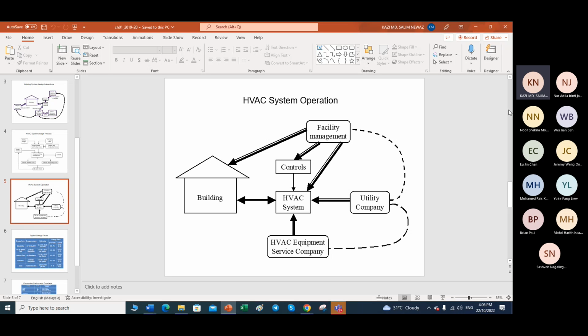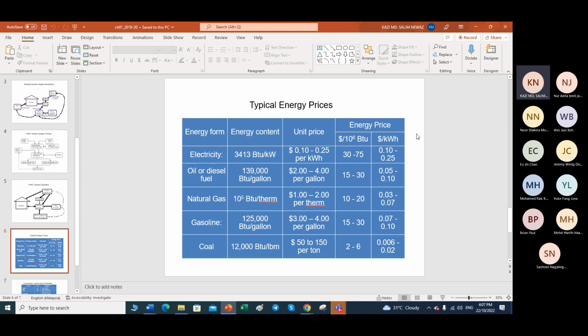They will tell us how frequently they can repair the system if there is a breakdown, or how continuous operation can be maintained. So all this is linked with the HVAC system operations. With it, we move further on.